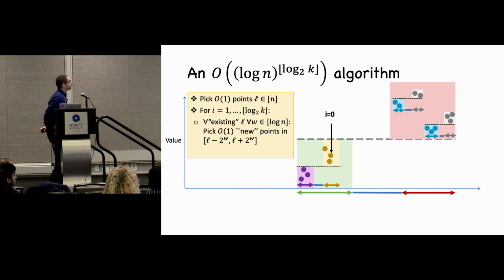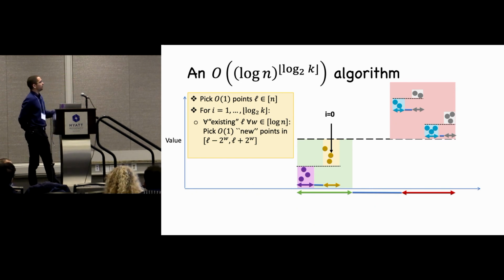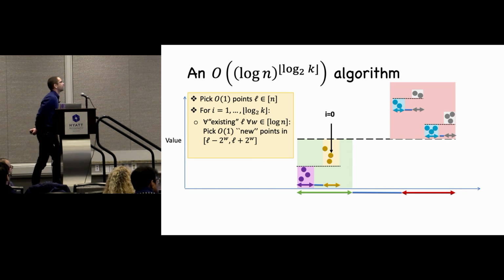You start by querying a constant number of elements in the hope that you will hit some element of some copy. And now, if you look at the right scale, the scale that more or less covers the purple area around this yellow element, a constant fraction of the elements at this scale will be purple elements that can serve as 1 entries.